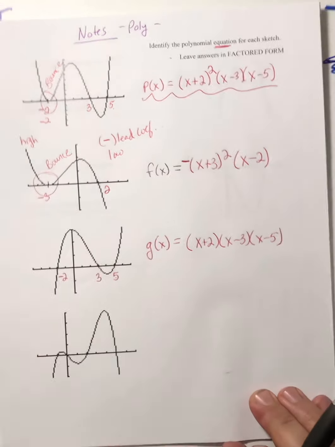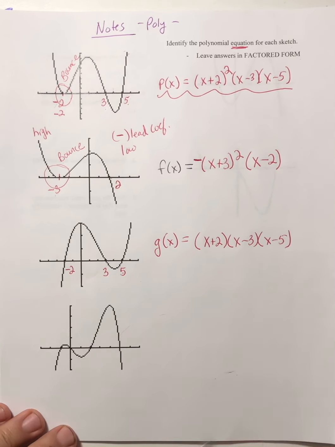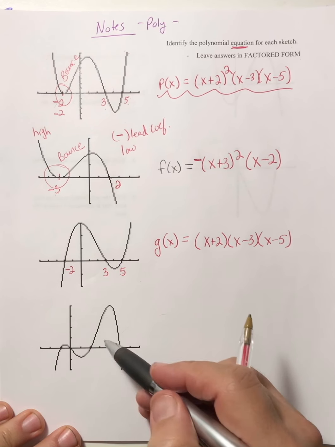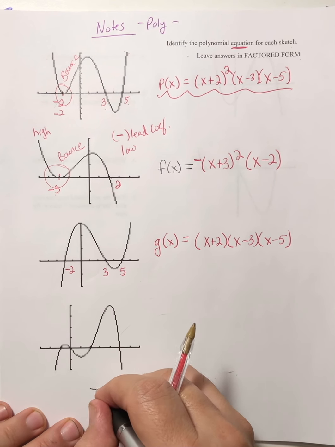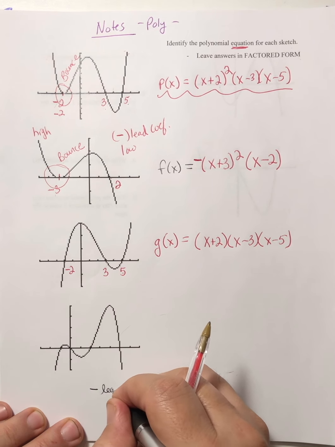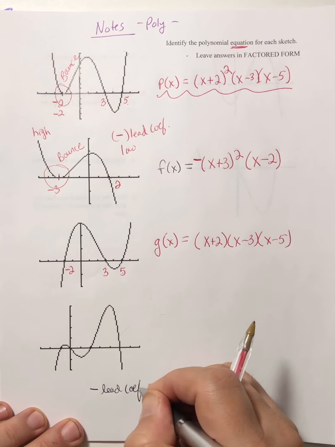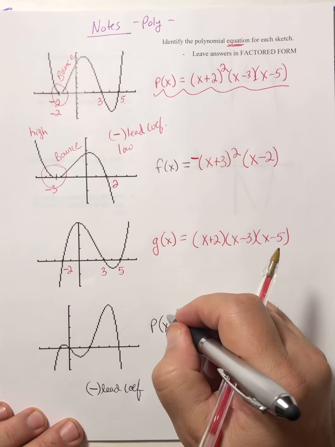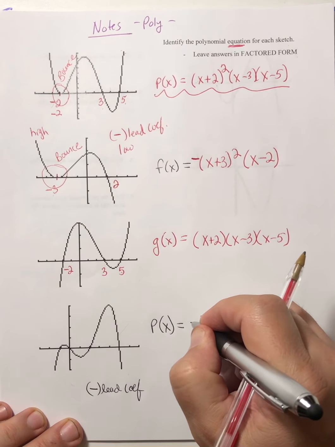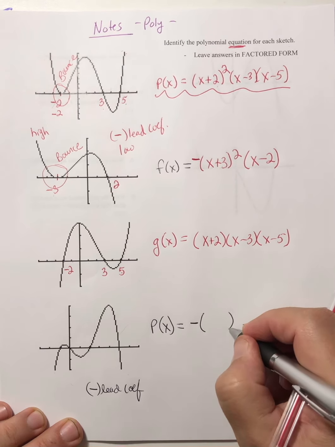All right, what about this last one here? Yes, this is low to low, so this is a negative lead coefficient. I'm going to use P of x again. So we have a negative something.